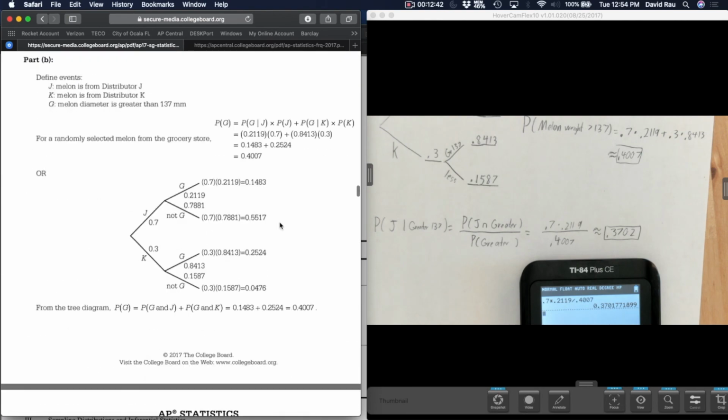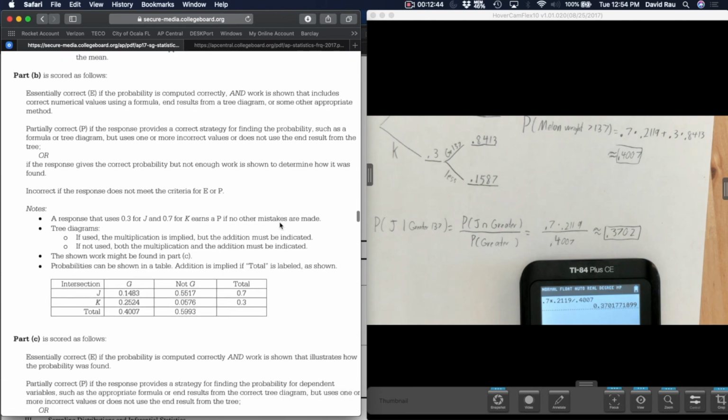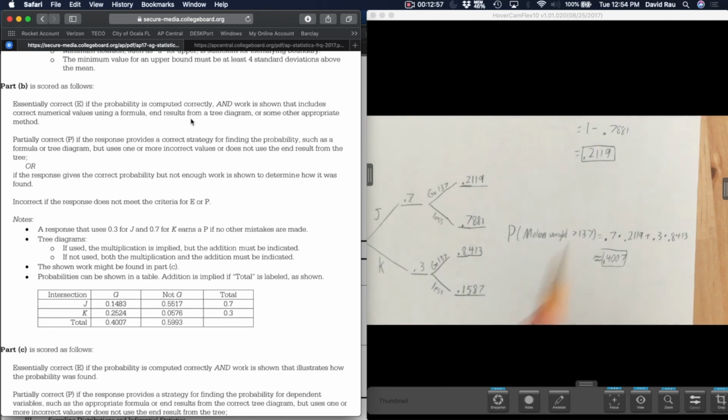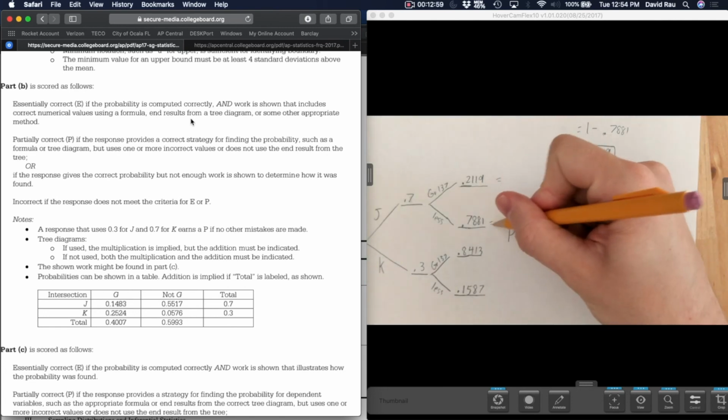So let's just read the scoring breakdown explicitly. Part B, did I get the correct probability and work was shown using values from a tree diagram or some other appropriate method? So I think I definitely hit on that. Again, what you might want to do is actually calculate all of these ahead of time.